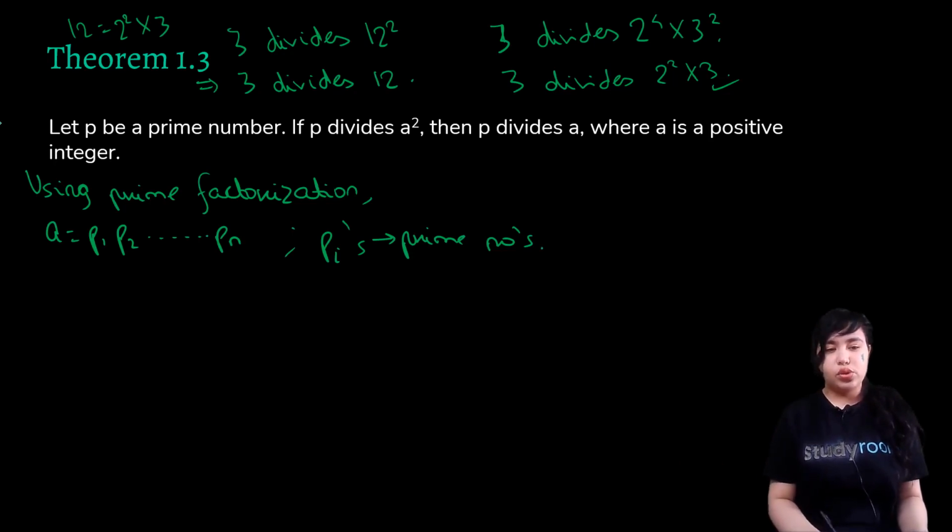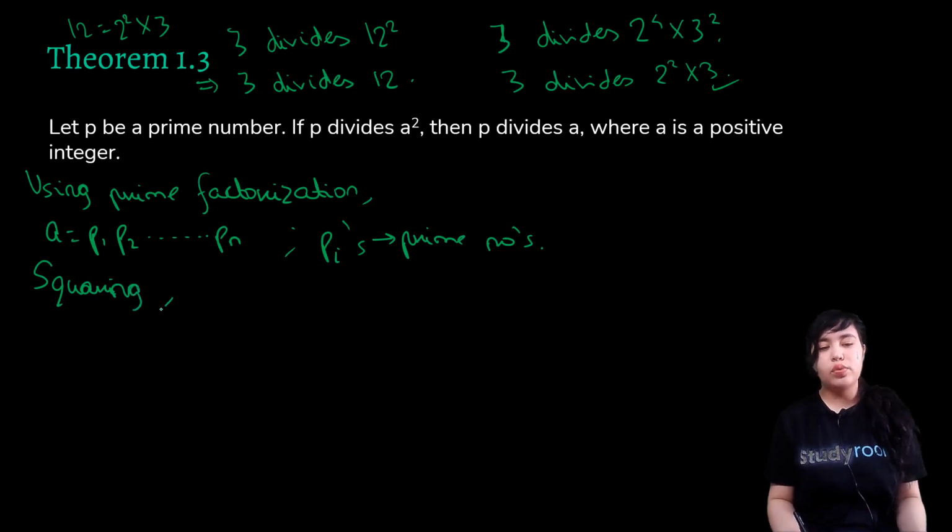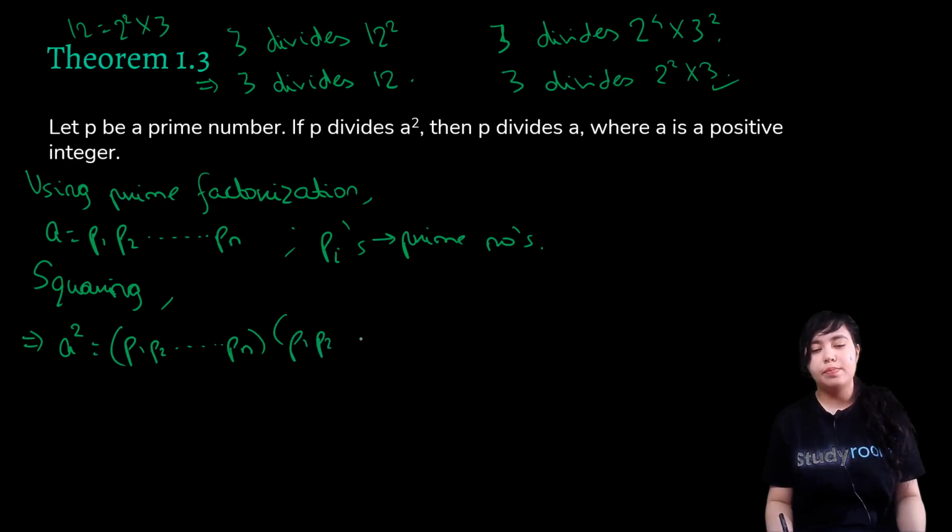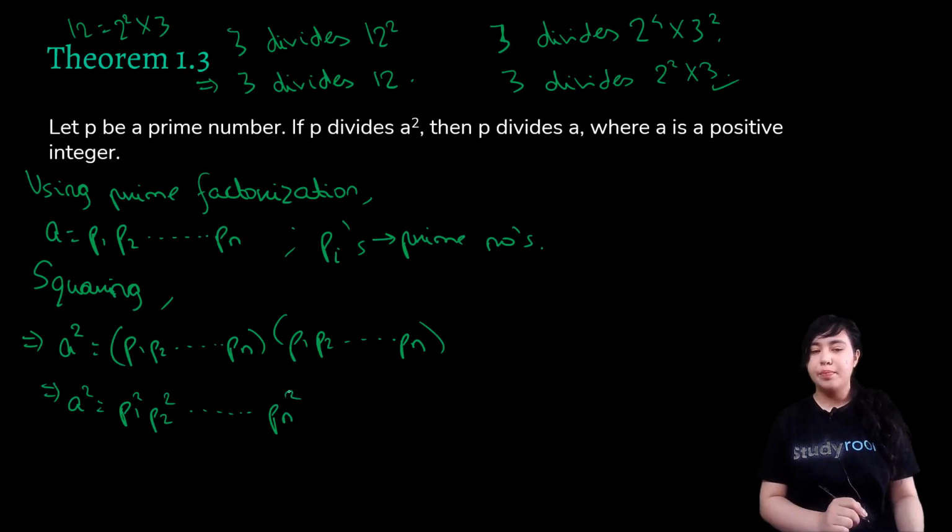Now what you are going to do is square both sides. So that will give you a into a, which is a square, and then you have p1, p2 going on like this, and you multiply them one more time. If you do this multiplication, you will get p1 square, p2 square, and this goes on till pn square.